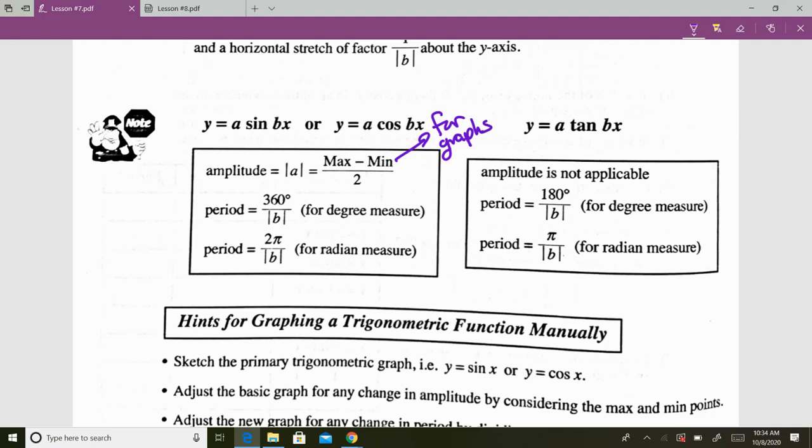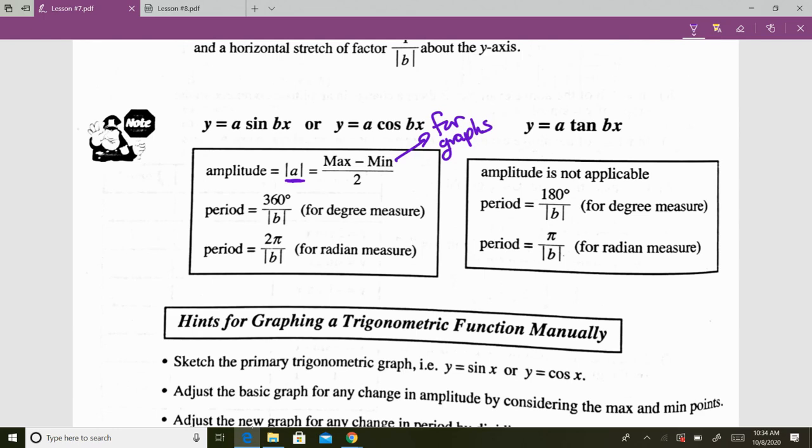Because if you have a graph, you can look at the max and the min and you can determine the amplitude, right? If you have an equation, it's just the a value, but it's the absolute value of the a value, i.e., your amplitude is never negative, okay? For sine and cosine, the period is 360 over b or 2 pi over b. Again, ignore the negative, all right?